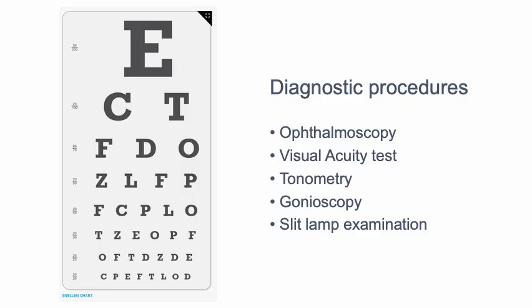Here's that example of a Snellen chart that I was talking about earlier. If we suspect there's an alteration in vision, we should test them for visual acuity. We can do that by having them read printed material like a book to ensure their near vision is intact, and we can also use the Snellen eye chart for distant vision.